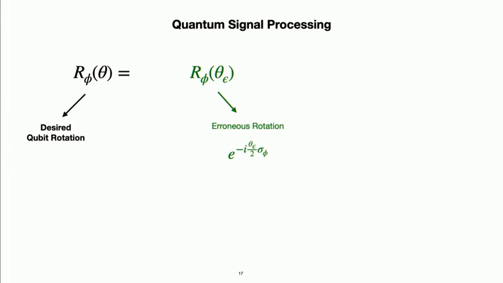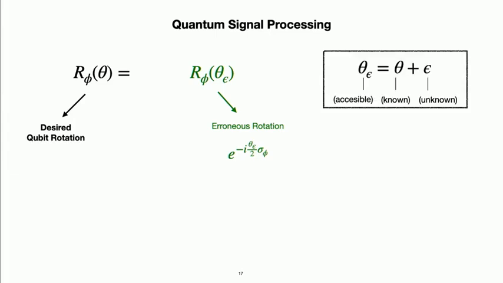This erroneous rotation could be an effect of some hardware drive errors or some faults in your hardware. You don't have access to epsilon. You know what theta you want, and you have access to theta plus epsilon. And somehow you want to cancel this erroneous rotation.